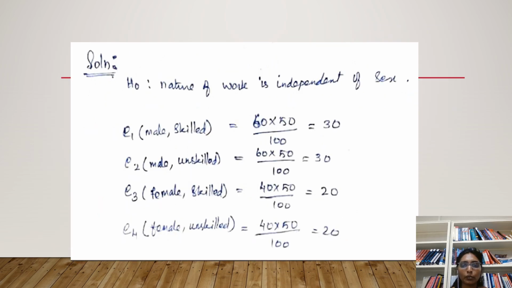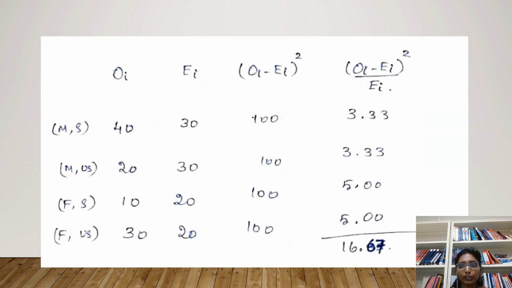So E1 is male skilled, E2 is male unskilled. So I calculated these 2 as a row-wise calculation, and then E3, E4 is the next row. So this is the first row and this is the second row. After calculation, I put it in the table: male skilled, male unskilled, female skilled, female unskilled.